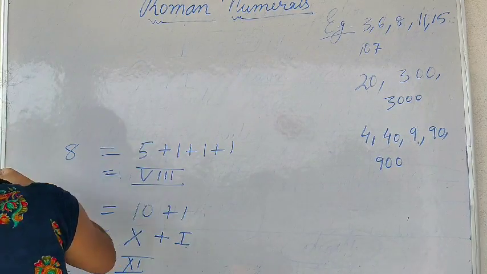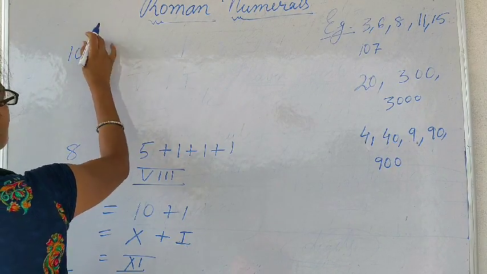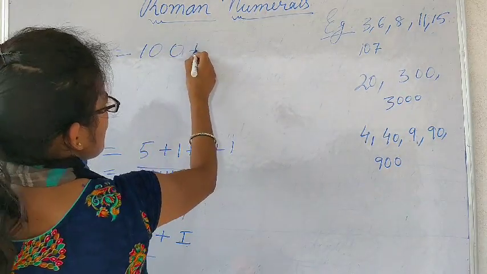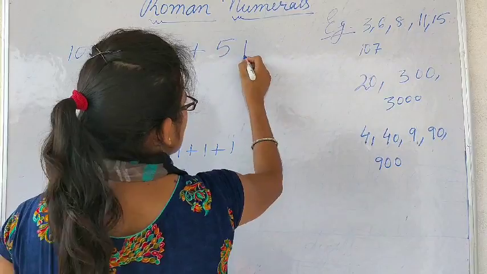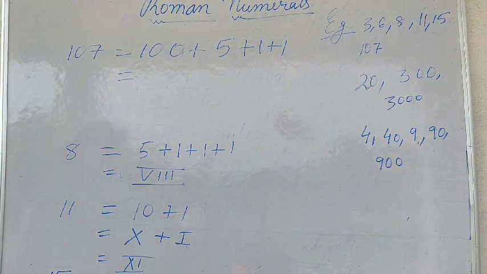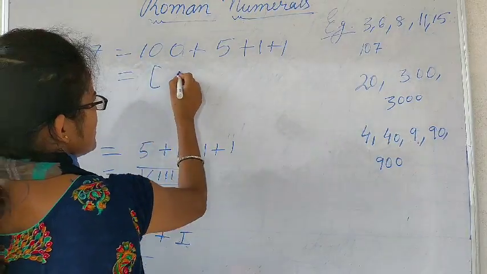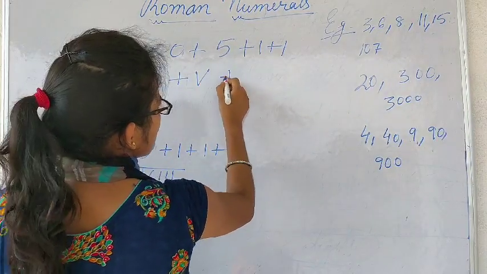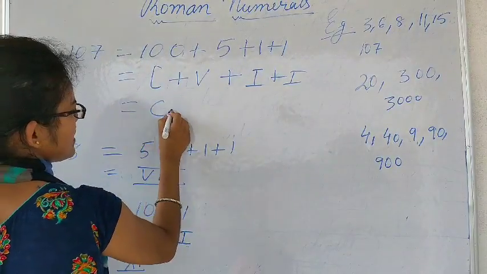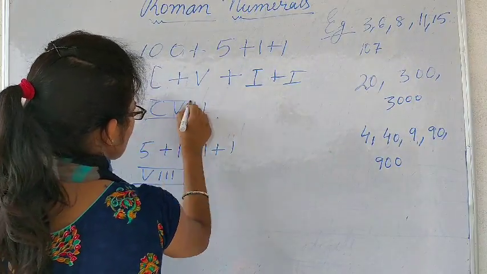Now take the next example, 107. We can write it as 100 plus 5 plus 1 plus 1. What is the symbol for 100? This is C, plus for 5 V, plus for 1 I and I. So combinedly we can write it as CVII.